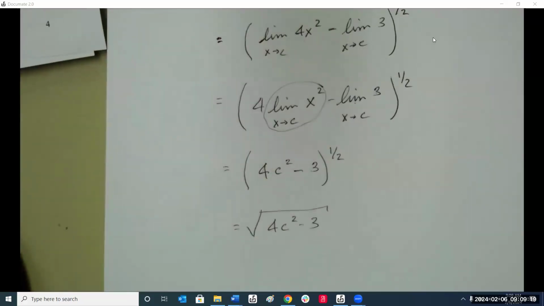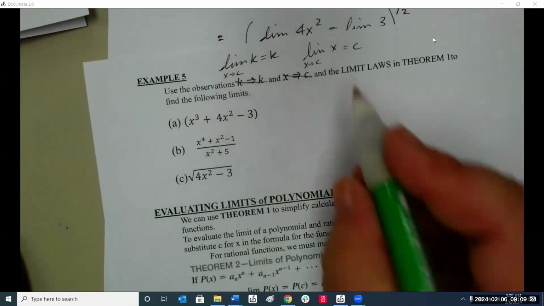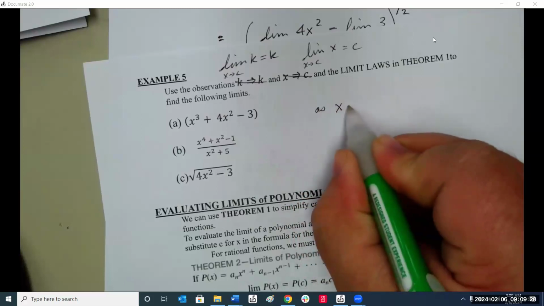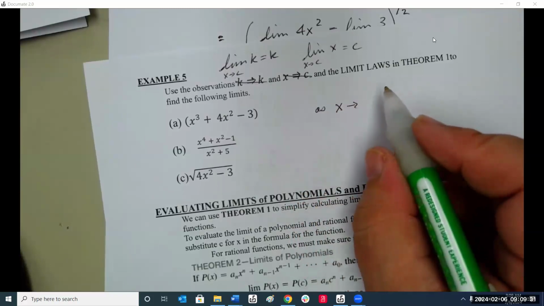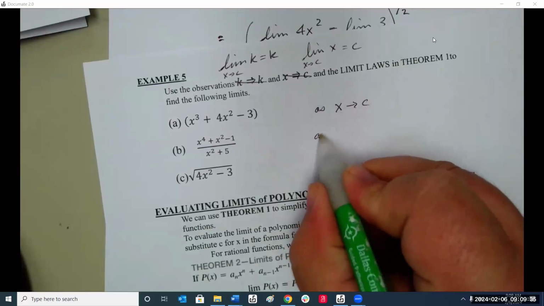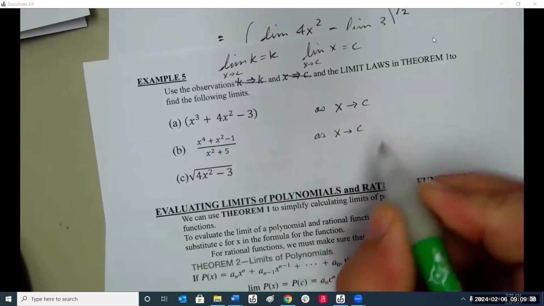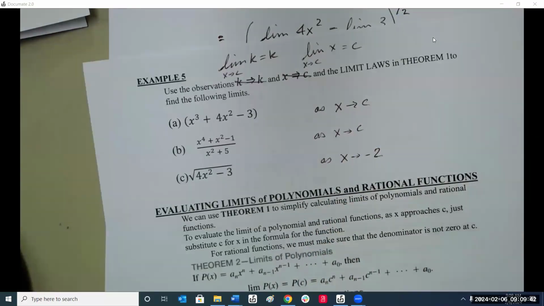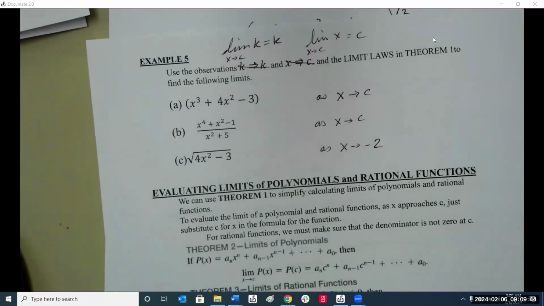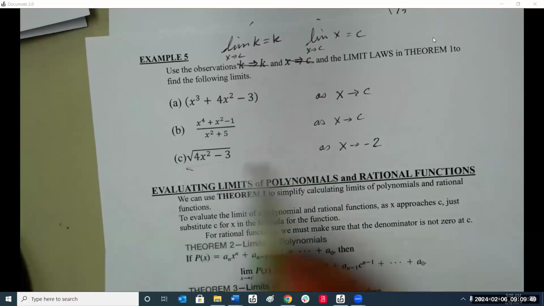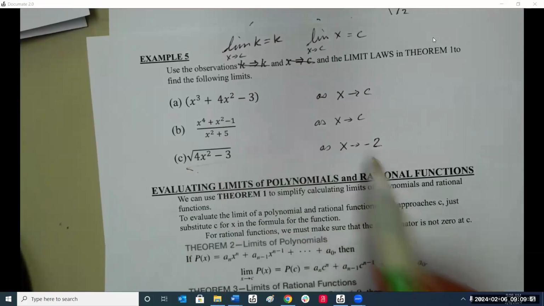Okay. As x approaches c, as x approaches -2. So for this one, we're going to -2. What do we get?